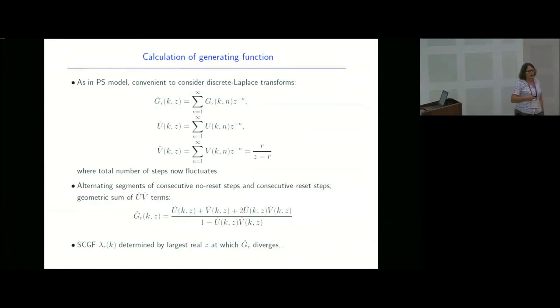So you simply have to sum over these sequences of u's and v's, and when you do that you get a geometric sum, which gives you the 1 minus uv part on the bottom, and then you get some boundary terms which give you the part on the top. So then in this Z transform picture, you get an expression for the generating function for the system with reset. And the scaled cumulant generating function which we're interested in is then determined by the largest real value of Z at which this thing diverges.